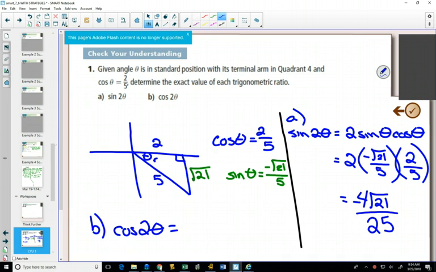Anybody have a preference of one of those 3? So you chose the 2 cos squared theta minus 1. And why did you like that one? Because it has only cos in it.